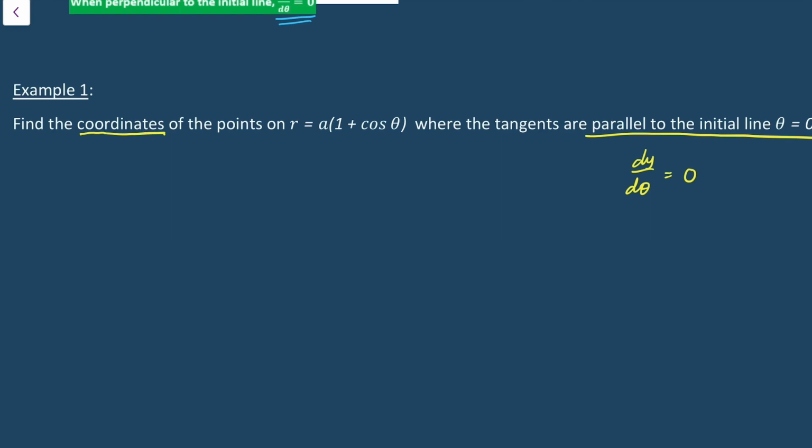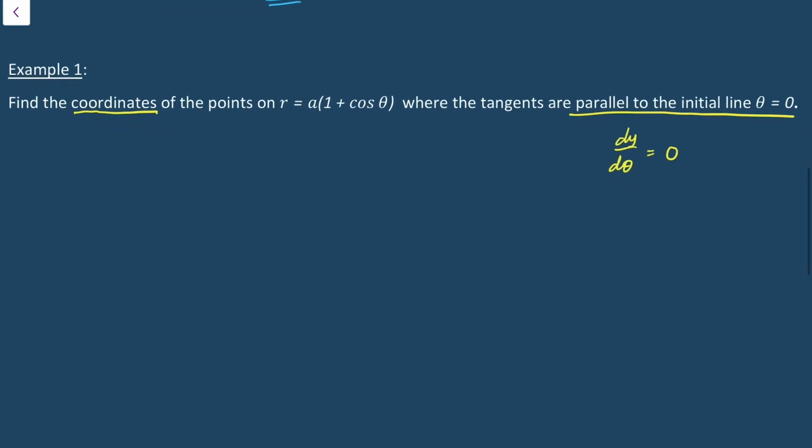And in order to get dy/d theta, I need to write this equation in terms of y. I know that y, let me use yellow, y is equal to r sin theta. And I'm told in the question that r is equal to a times (1 plus cos theta).